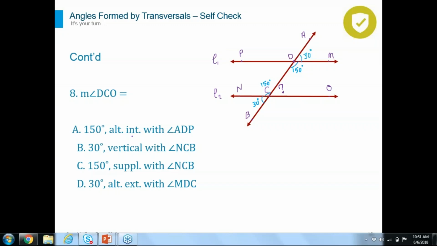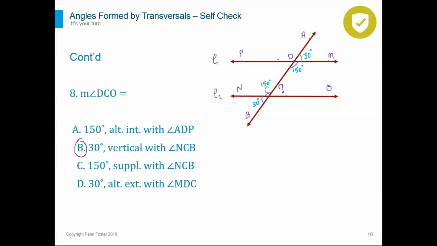The only right answer is B. And if we look at these two angles here, NCD and DCO, they are supplementary angles. One of them is 150, the other one should be 30. So I'm going to eliminate anything that says 150. All I need to do then is to determine the reason.